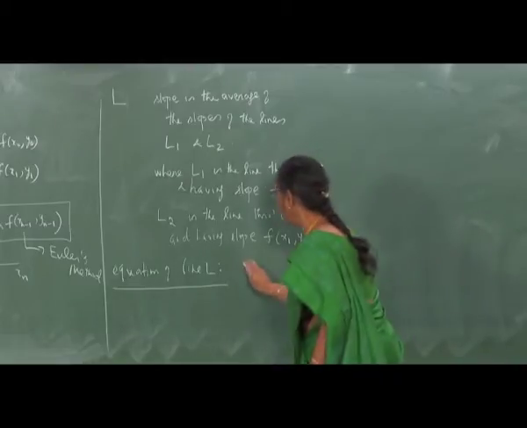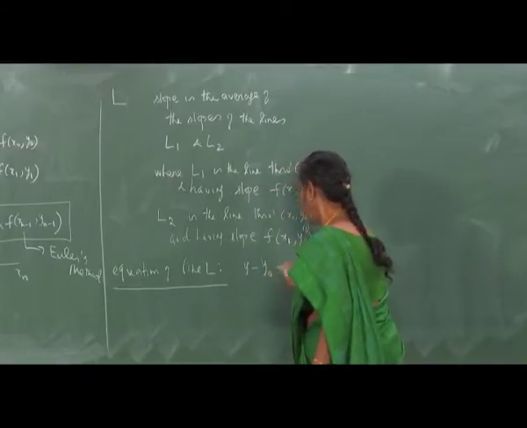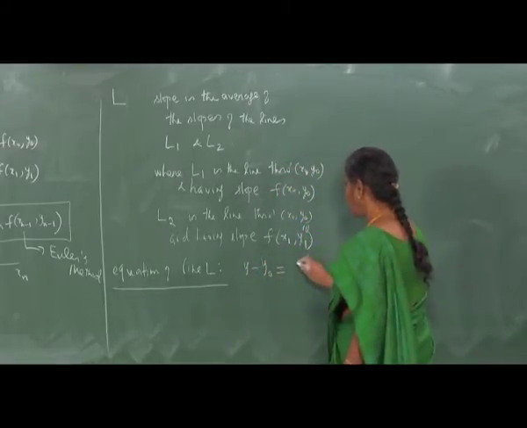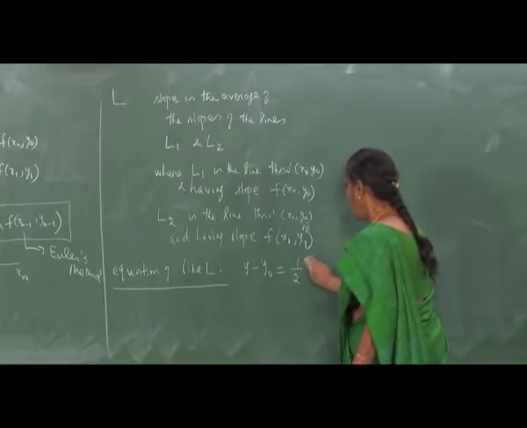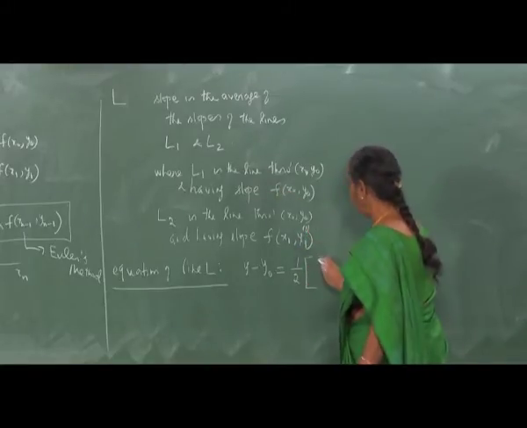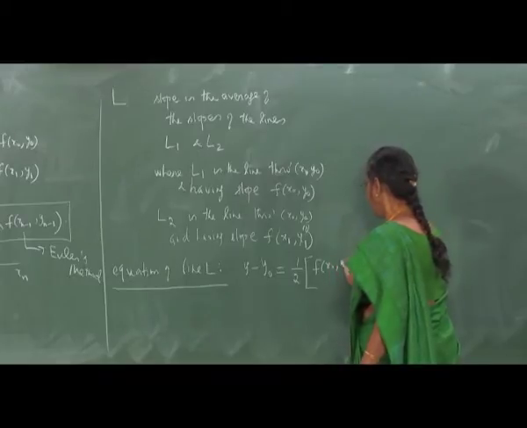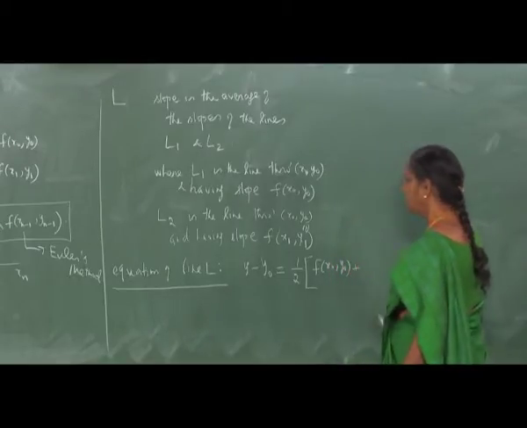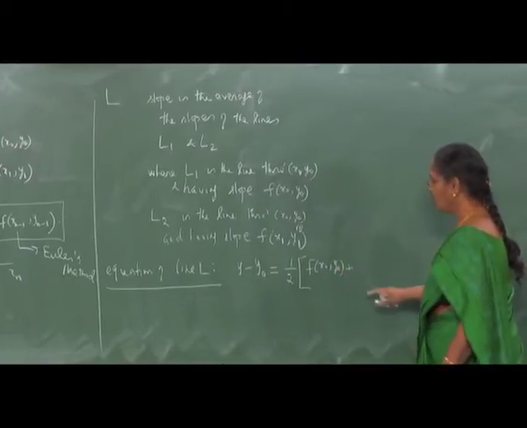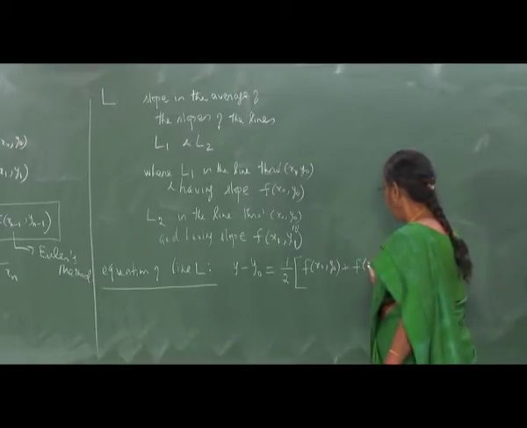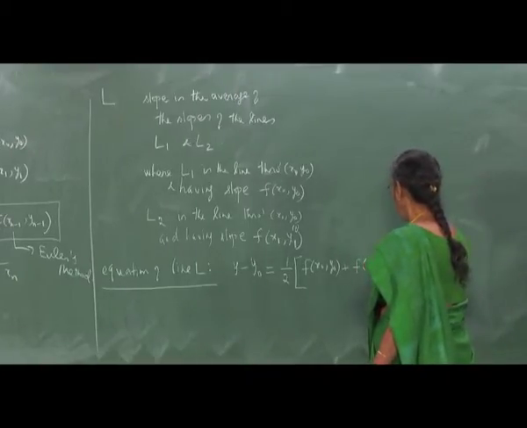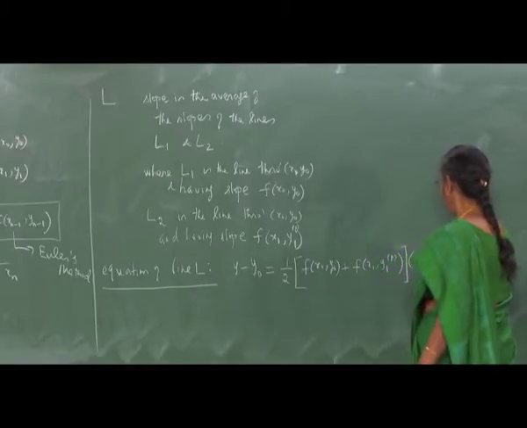So, the equation is y minus y0 equals half of, slope of L1, which is f of x0, y0, plus slope of L2, which is f of x1, y1 predicted, multiplied by x minus x0.